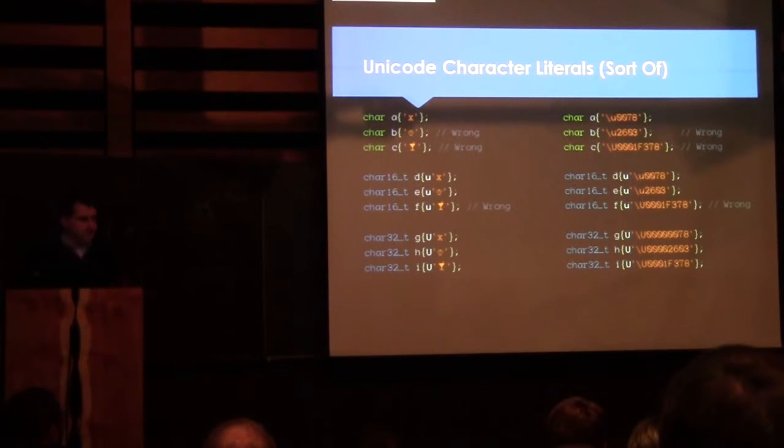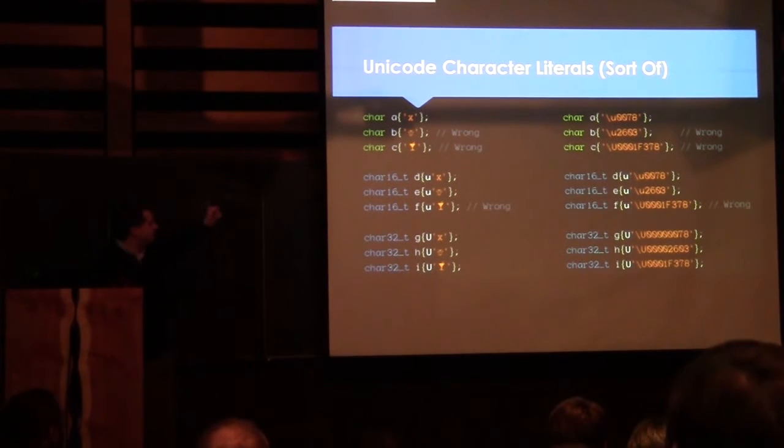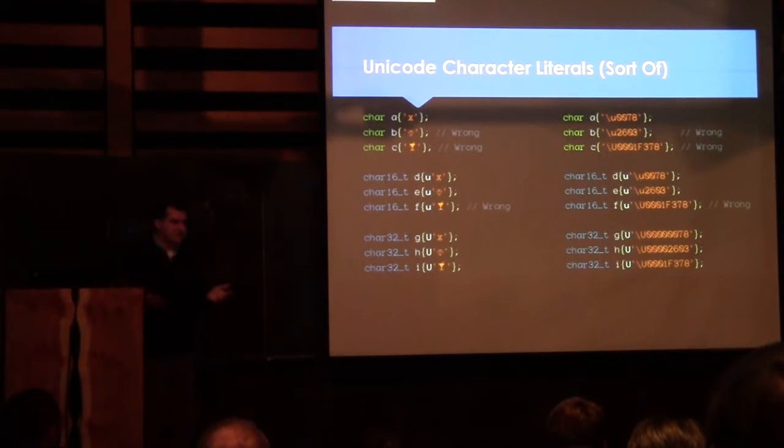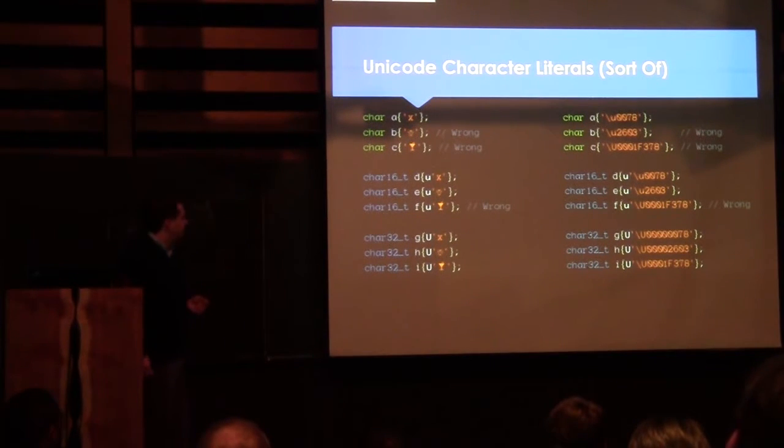We can also use these as character literals, sort of, because remember that some characters are not represented using a single code unit in each of these encodings. For example, with the narrow literals for UTF-8, there's no extra prefix, because what you can represent using a single char is what you can represent in a single code unit. So if we try to represent the snowman using a UTF-8 char literal, that's not going to work because it's not going to fit.